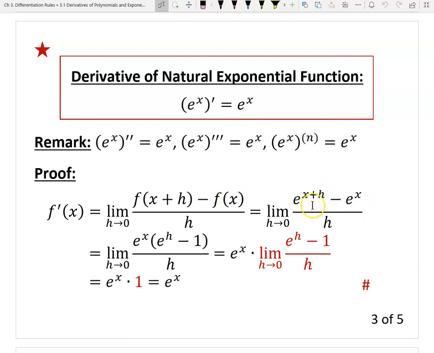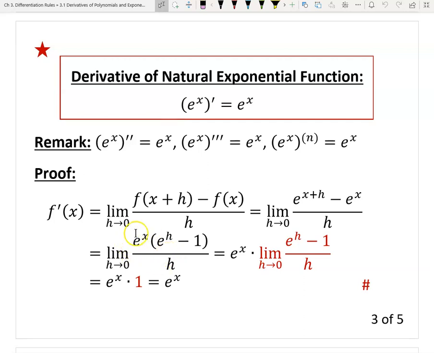Now what do we do? We use the product rule. e raised to x plus h separates into e raised to the x power times e raised to the h power. Then we look at e raised to the x minus e raised to the x. So this is the common factor, and we factor it out.